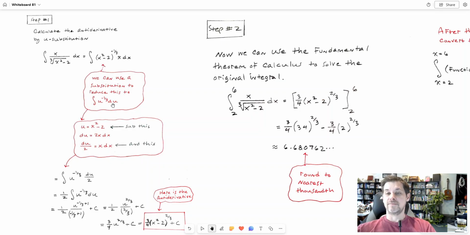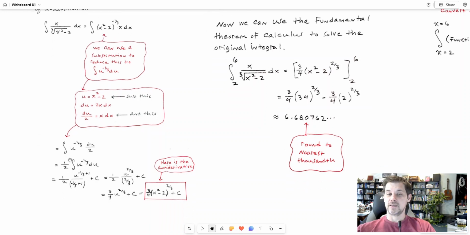If I make that substitution in this original integral, then I'll get the indefinite integral of u to the negative 1/3 times du over 2. That over 2 is a factor of 1/2, which I'll factor out.